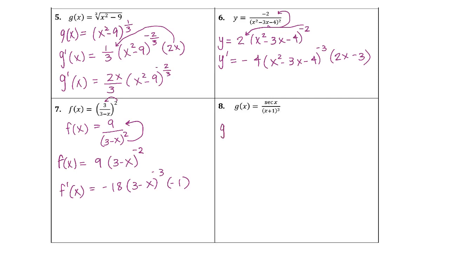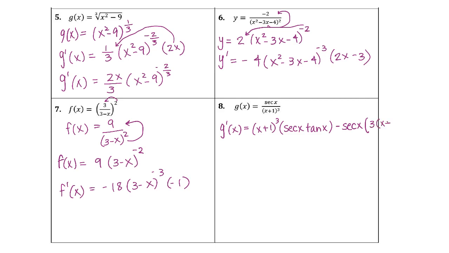So here, g prime at x, we have the bottom times the derivative of the top, and the derivative of secant x is going to be secant x tangent x. So again, bottom times the derivative of the top minus top times the derivative of the bottom, and we're going to have to do our chain rule there.